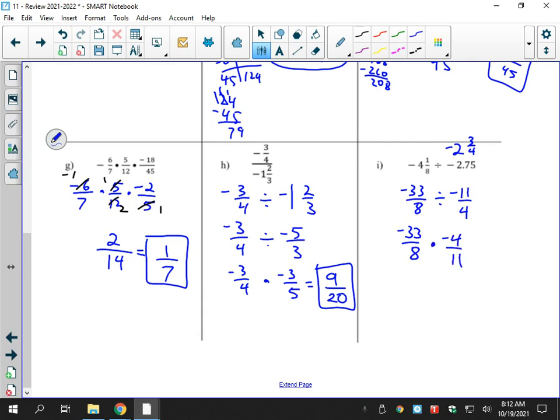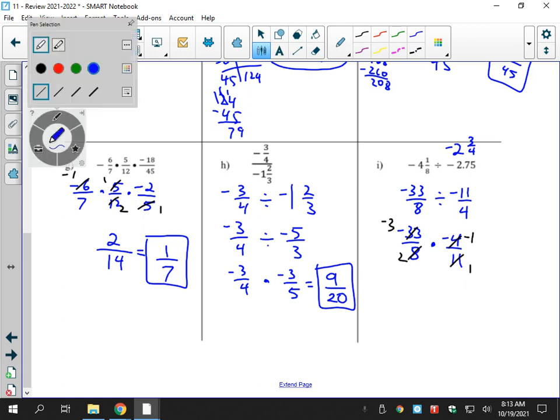Ooh, yay, cross canceling. Okay. So let's see, between negative 33 and 11, common factor is 11. 11 divided by 11 is 1. Negative 33 divided by 11, negative 3. Negative 4 and 8, common factor is 4. 8 divided by 4 is 2. Negative 4 divided by 4 is negative 1. Now we just multiply, and we get positive 3/2.